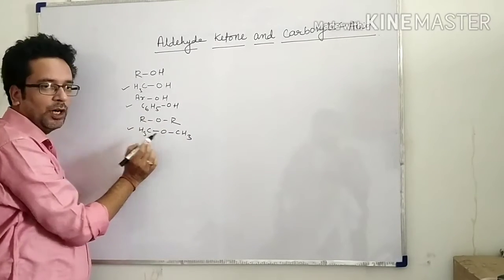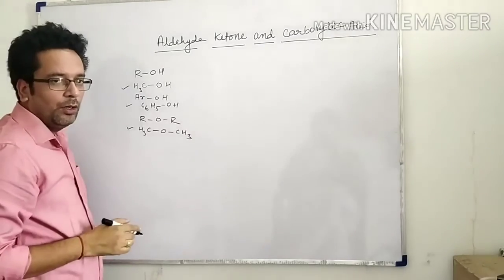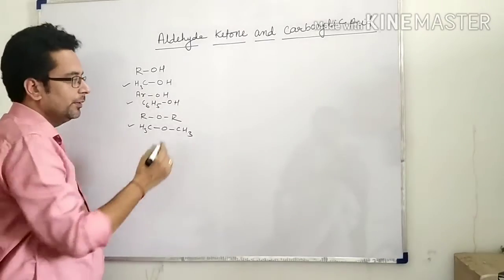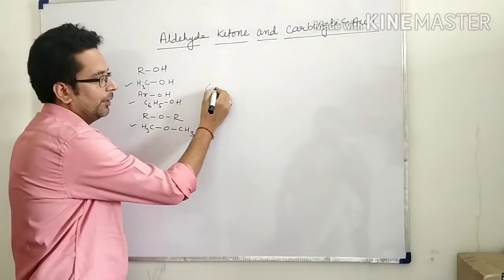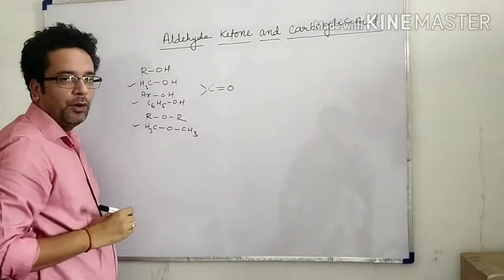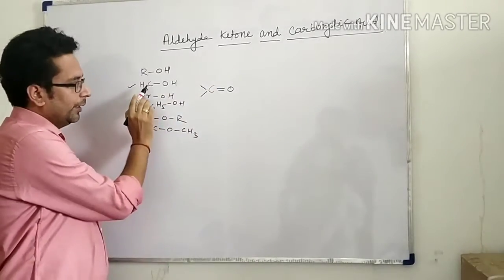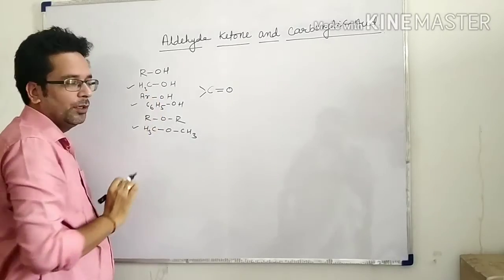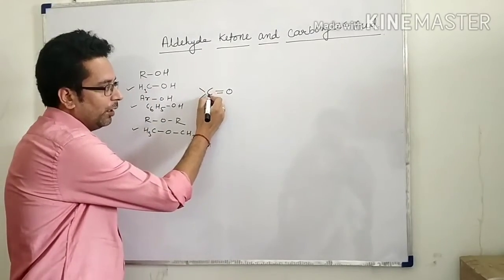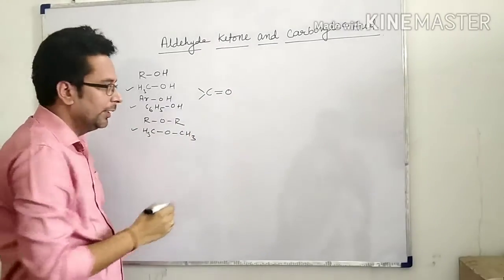Now another type of compound is found in which carbon is double bonded to oxygen. Look here, in this case carbon single bond oxygen, but here carbon is combined with oxygen by a double bond.